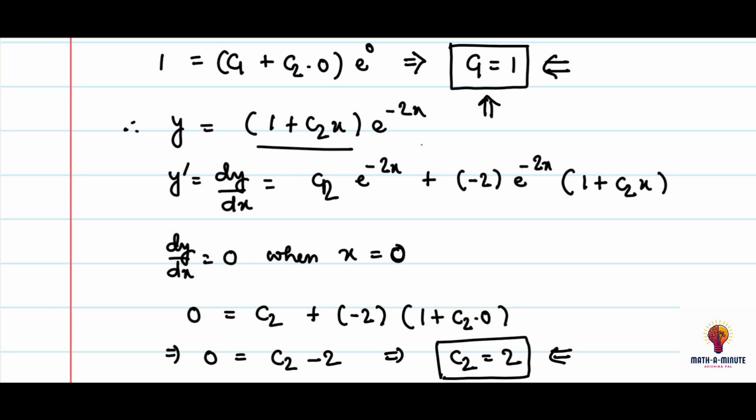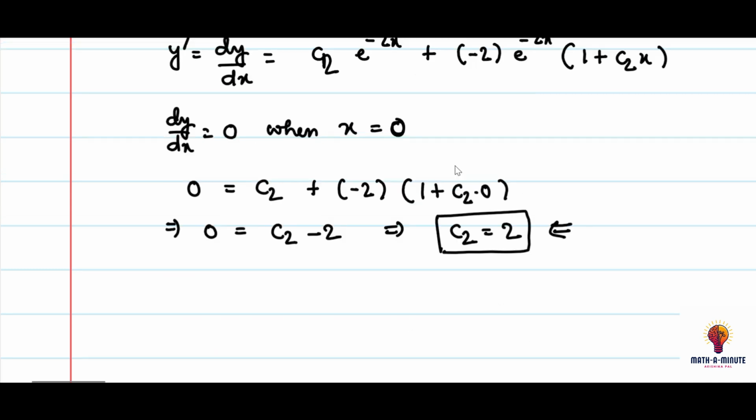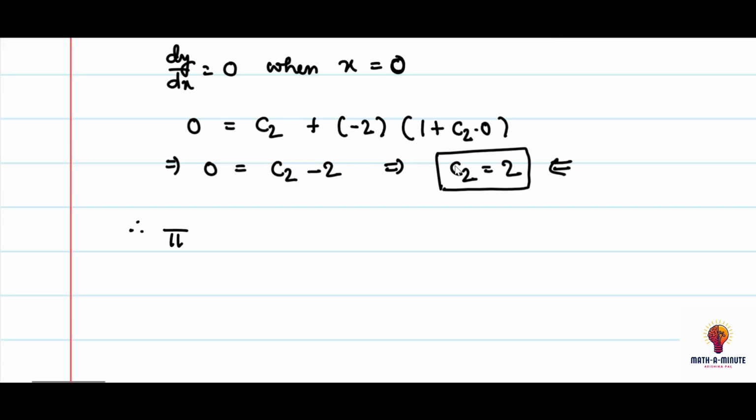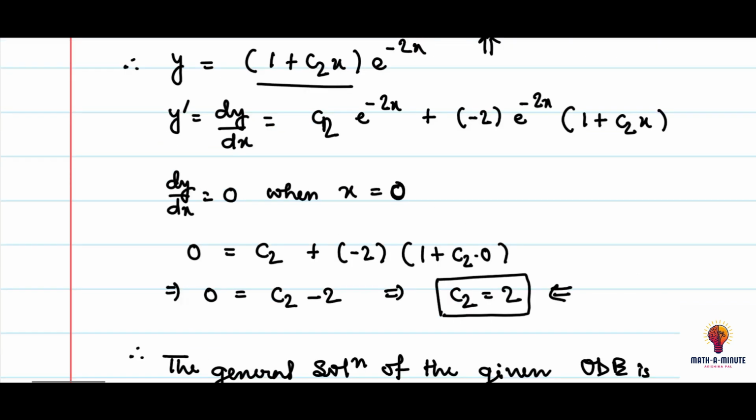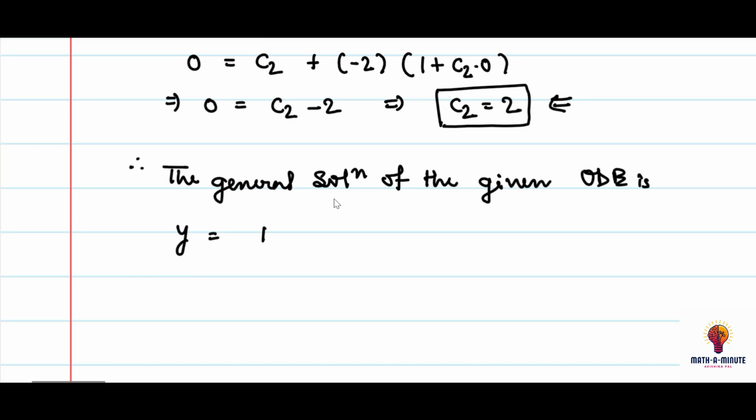If we put the values of c1, c2 in the main equation, then the general solution will be y equals, the value of c1 is 1, so 1 plus c2 means it will not be c2, it will be 2x into e to the power minus 2x.